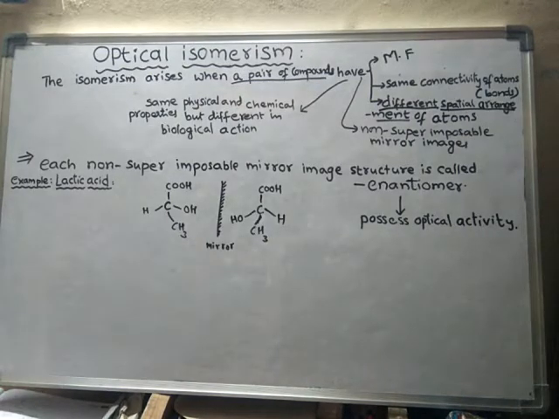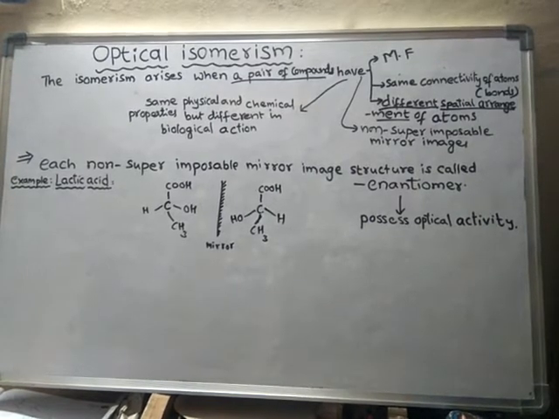So they are different only in the reactions with optically active compounds. In all other chemical reactions they show the same properties. They show a difference in their chemical properties only when they react with optically active compounds. Okay, right.